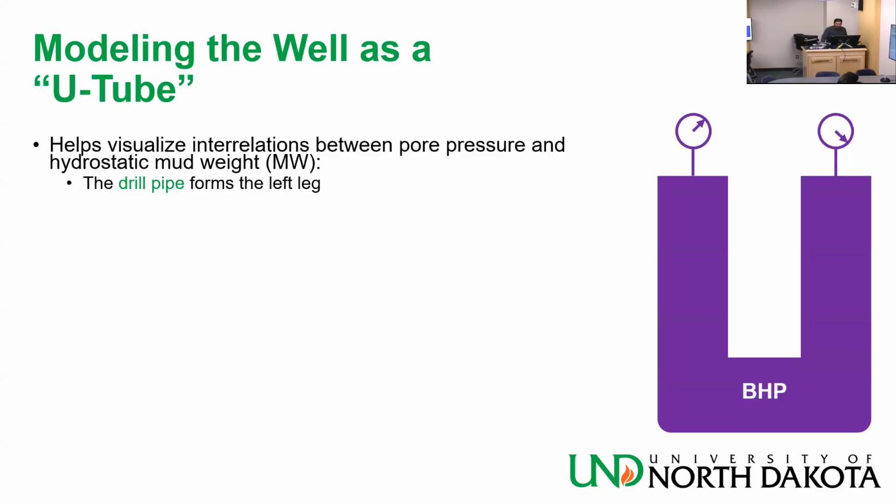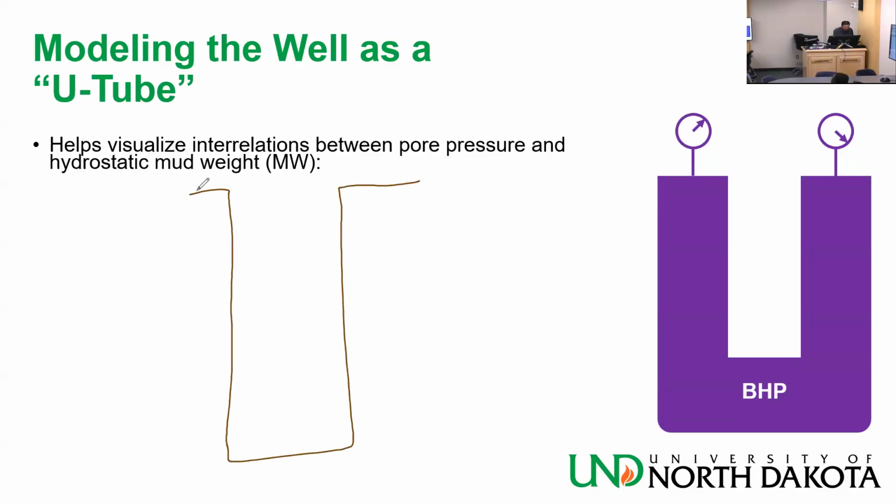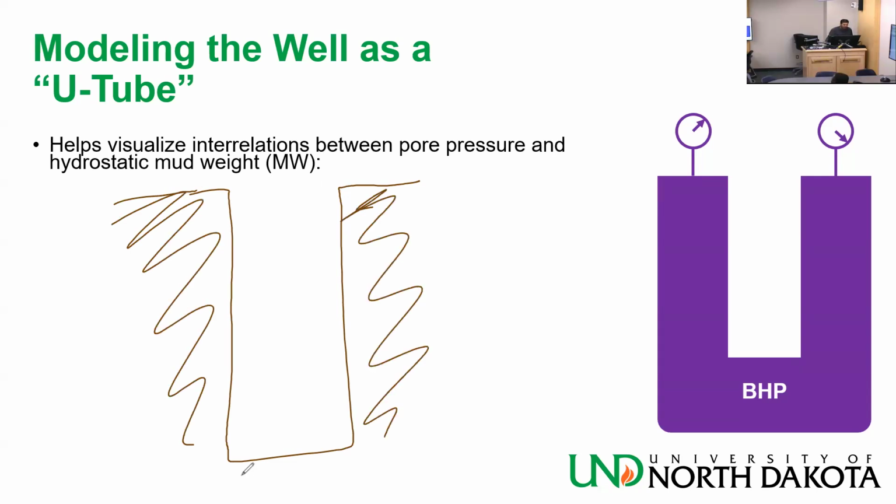Let me draw something because it's going to be easier for you guys to understand if I draw it. Okay, this is my well. This is earth. I drill my well. Doesn't matter if I have casing or not, but inside I have the drill string, okay? And then underneath I have the BHA, which has all the fancy stuff we talked about: logging while drilling tools, drill collars.